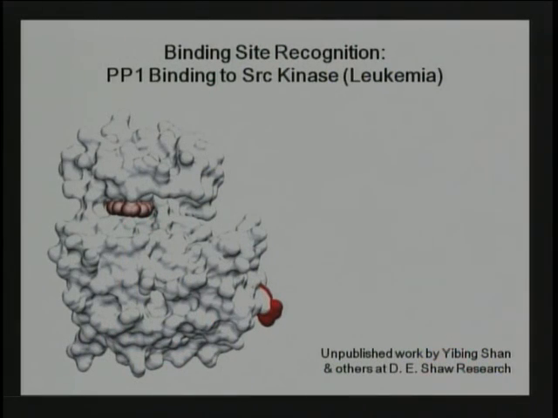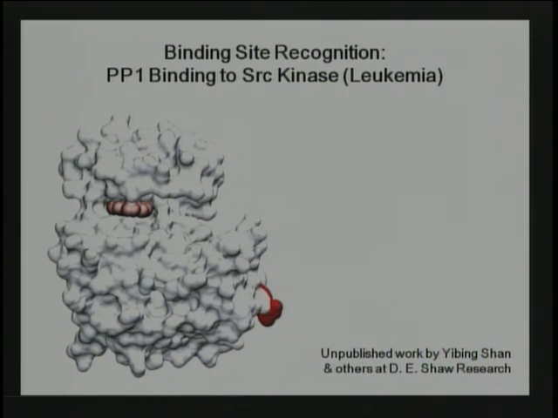So what he did is pretty simple. He took, you can see it here, a protein that is known to be involved in leukemia. It's called the Src kinase. And then a small organic molecule that's known to bind to it. In fact, it was originally developed as a drug, although it has toxicity, so it's not used at this point.